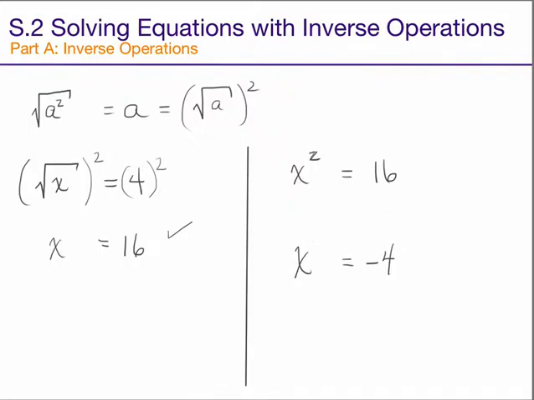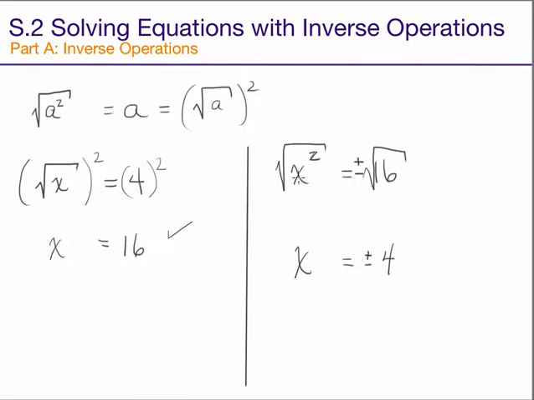Actually, I don't. In an equation like this, when I choose to take the square root of both sides of the equation, I should indicate that I don't know whether it's the positive or negative square root of 16, the positive or negative 4, which, when I square it, will give me 16.